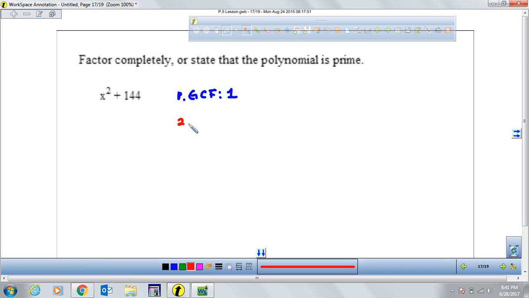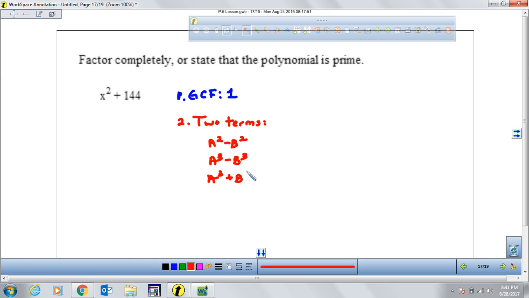Step number 2, it has 2 terms. Remember, on the second step, the number of terms tells you how you're going to factor it. If it has 2 terms, it could be a difference of 2 squares, a difference of 2 cubes, or a sum of 2 cubes.